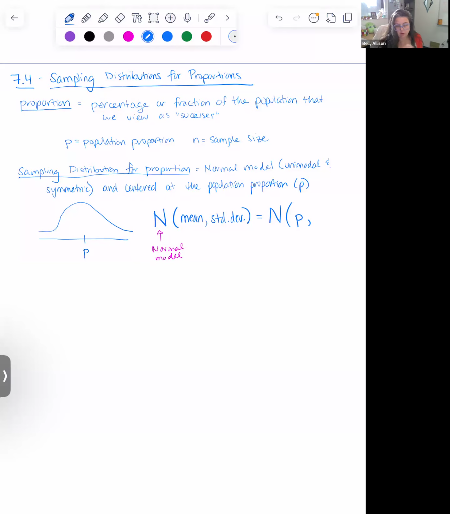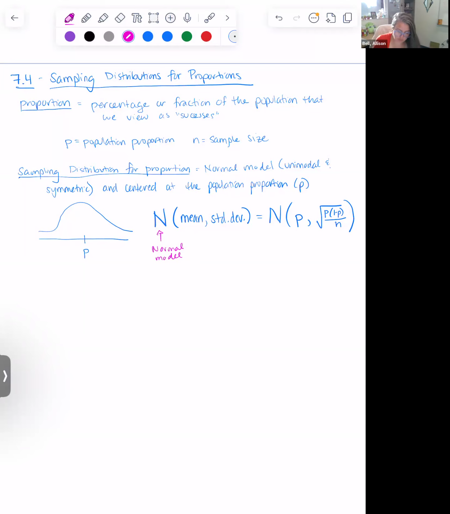Then we need to insert the formula for the standard deviation. That involves a square root, and it would look like this: the square root of p times 1 minus p, all over n. The whole thing is underneath the square root, and that equation is used to compute the standard deviation for the sampling distribution.